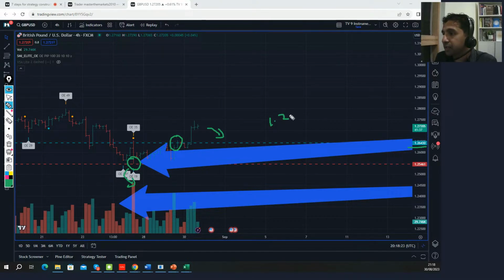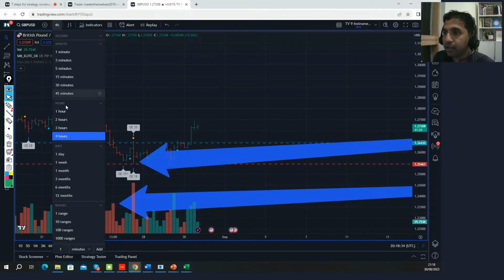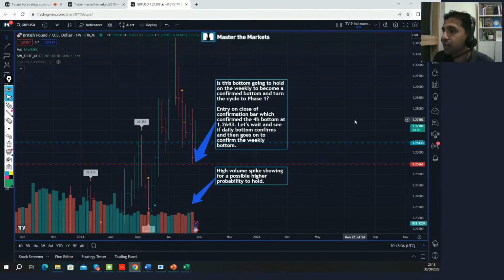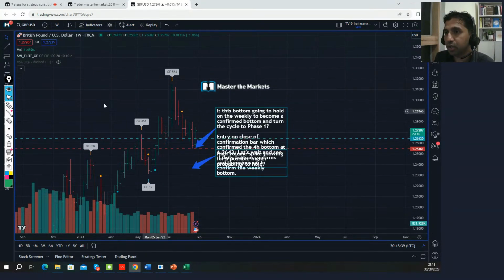Now 1.2643, let's see if that 4-hour bottom goes on to confirm a daily bottom and finally to become a weekly bottom. And from then on, traders, I can look at my open equity table to see when I need to come out of it.